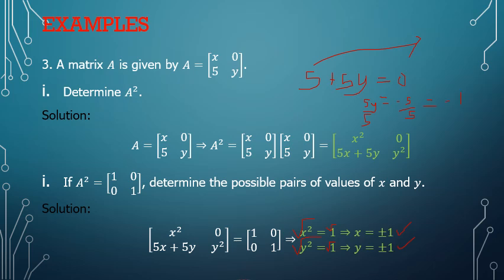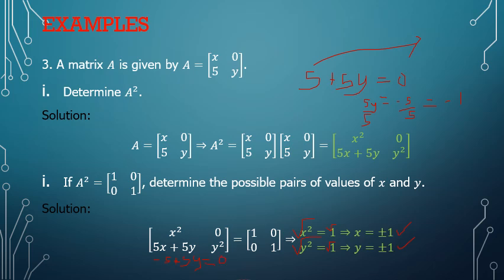Now if you use the negative side, -1 as the value of x, and replace it here, it will be -5 plus 5y, which should give us 0.